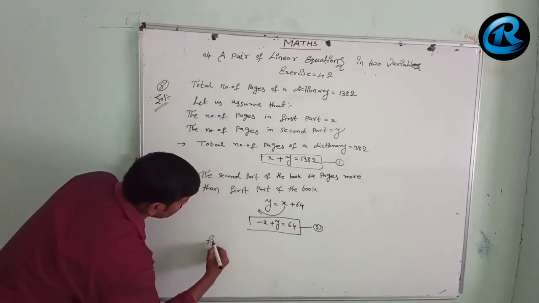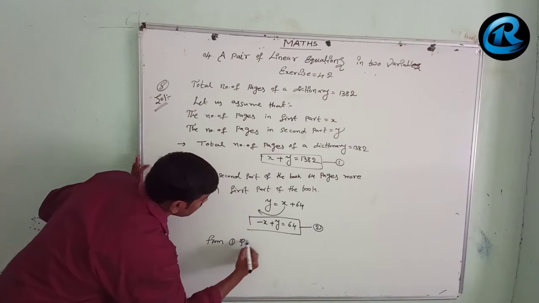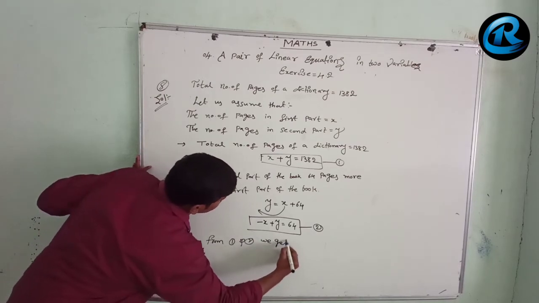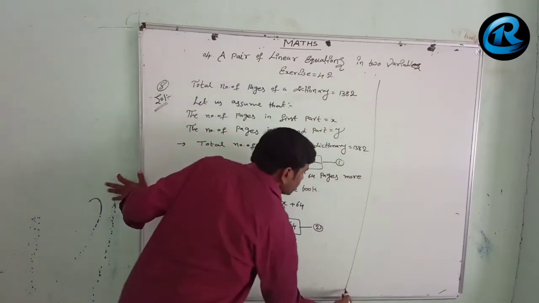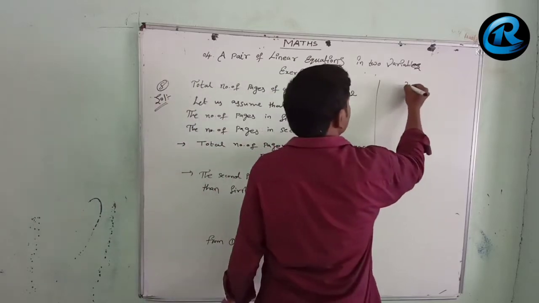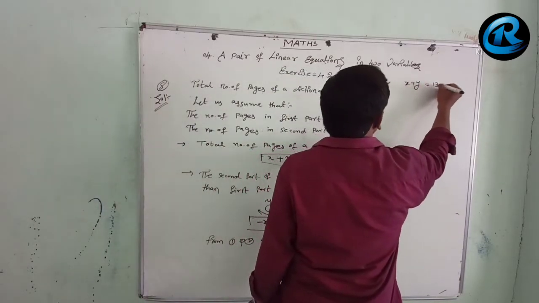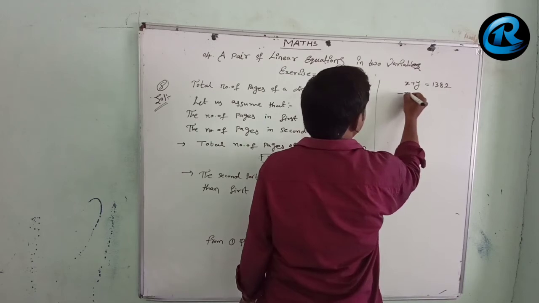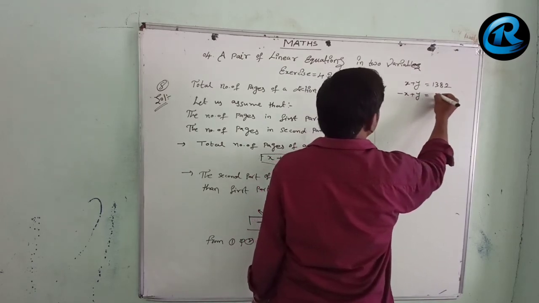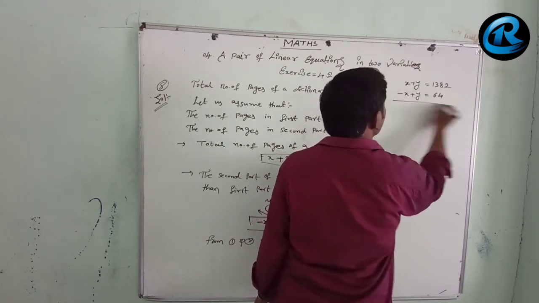From equation number 1 and 2 we get x plus y equal to 1382, minus x plus y is equal to 64.